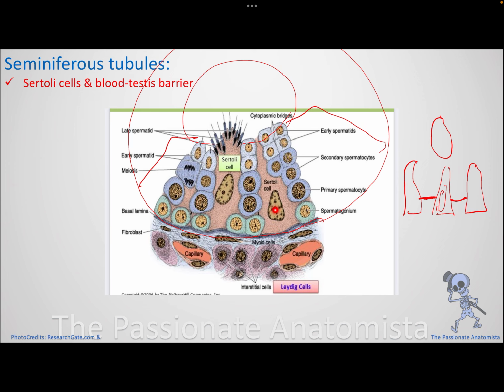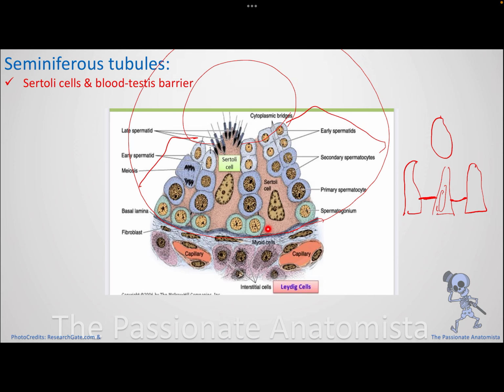So thanks to the Sertoli cells that form the blood-testis barrier, the developing spermatocytes with the different genetic material are separated and protected from the circulating blood, macrophages and immune cells, because if they come to know that we have a different kind of cells, they're going to attack them. So this is one importance of the Sertoli cells, as they form the blood-testis barrier.